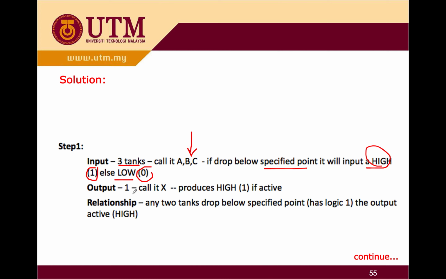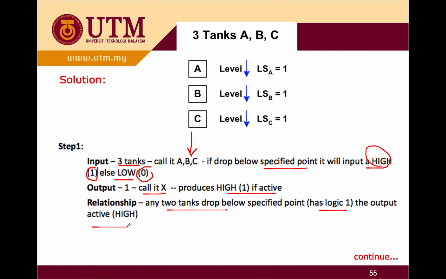So the output we call X produces a high when active, and the relationship is that when any 2 tanks below the specified point have a logic 1, the output is active high. Then you need to know that there are 3 tanks, A, B, and C. So this is the level of your tank.